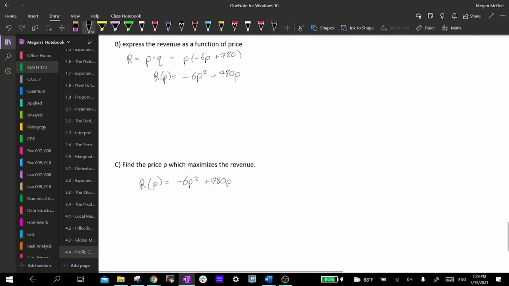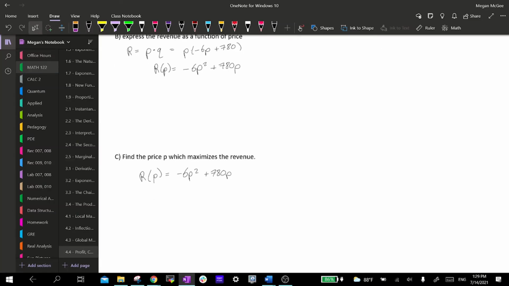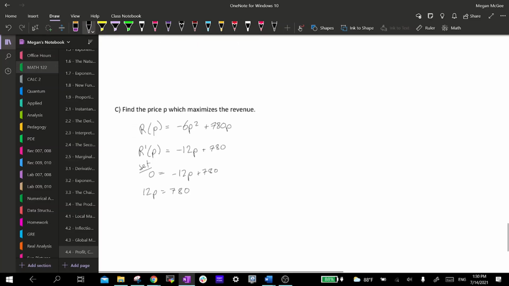We need to maximize this, so we take the derivative and get -12P plus 780, and set that equal to 0. Move the -12P over, and divide both sides by 12, so we get P is equal to 65.